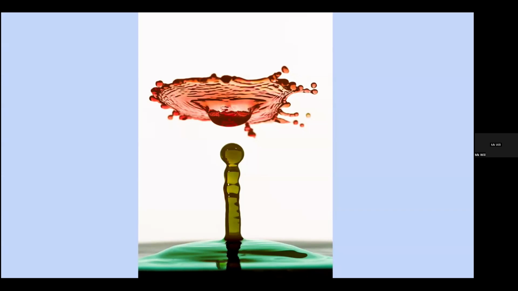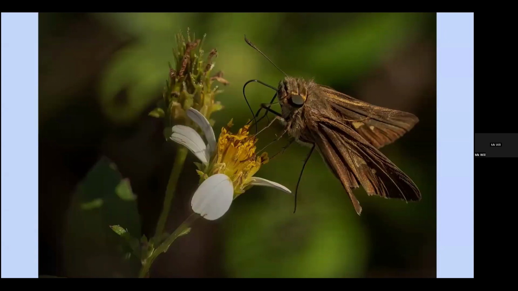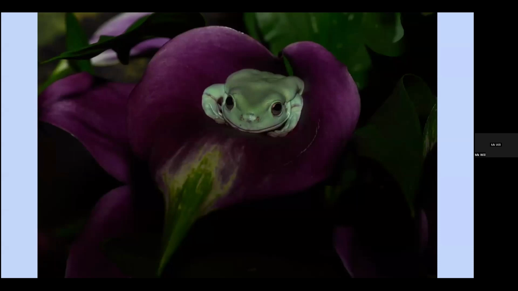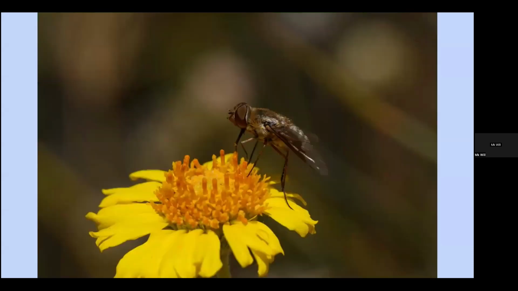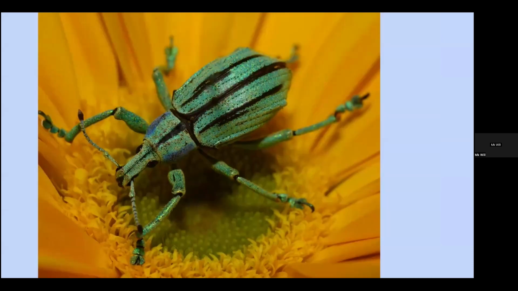Water drops, it's really not 100% macro, but it helps if you have a macro lens to get these kinds of pictures. And then, of course, more bugs and frogs and more bugs and more bugs. So this is definitely a 1:1 shot.